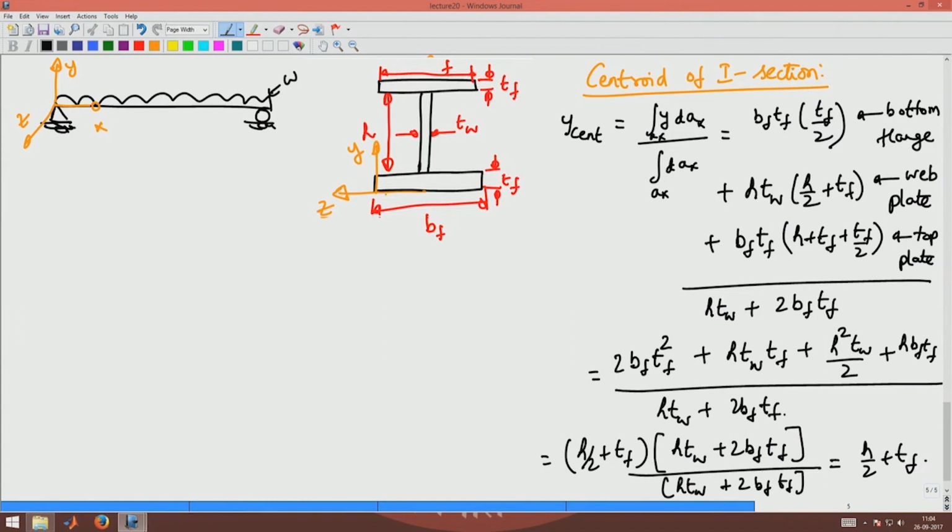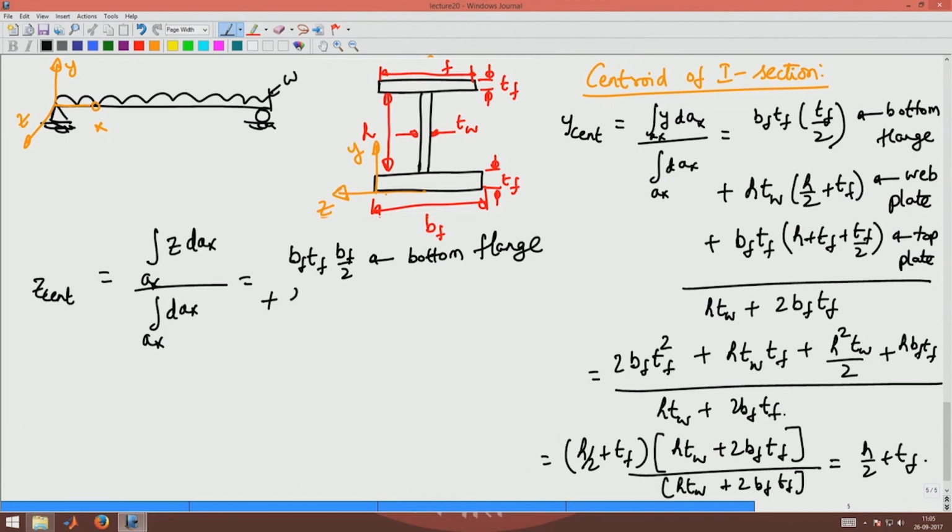Okay. So, similarly, now Z centroid would be integral Z dA by integral dA. So, that is going to be Bf into Tf into Z centroid, which would be Bf by 2. This is for the bottom flange. For the web it is going to be H into Tw, which is the area of the web, into the position of this web.